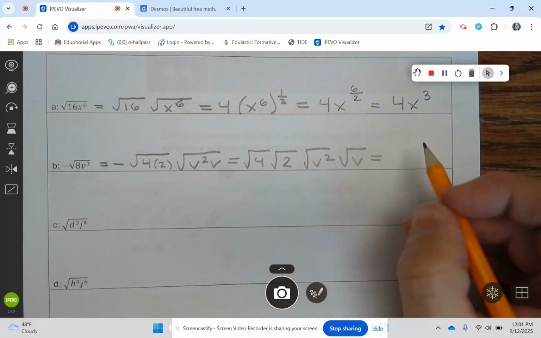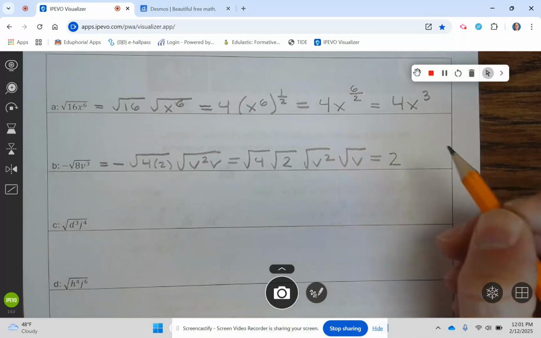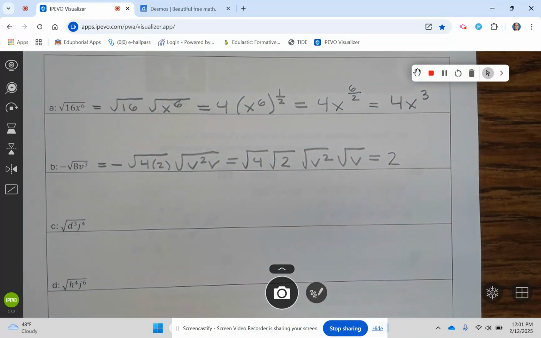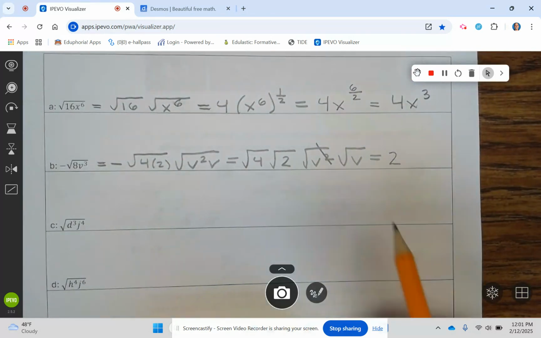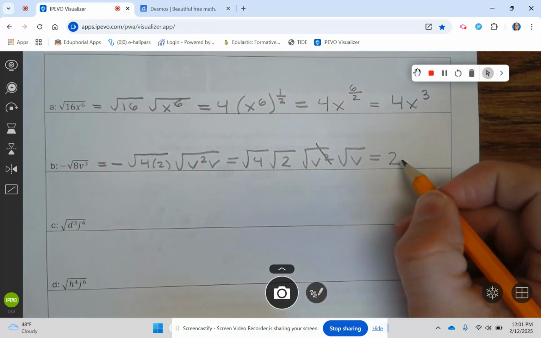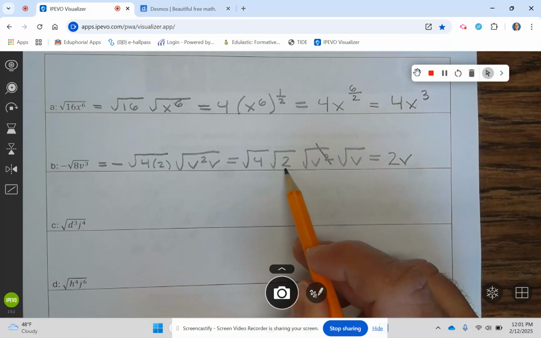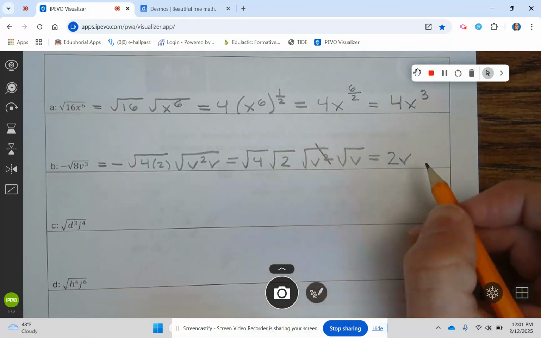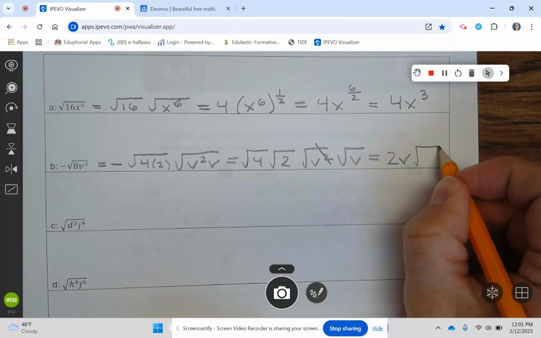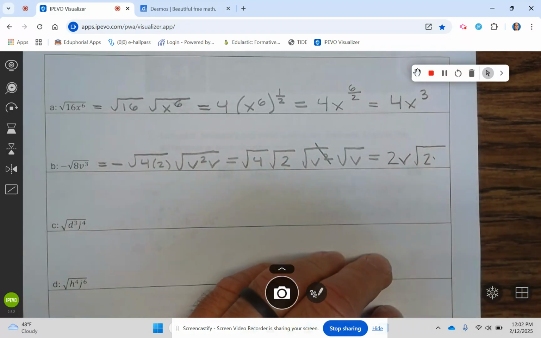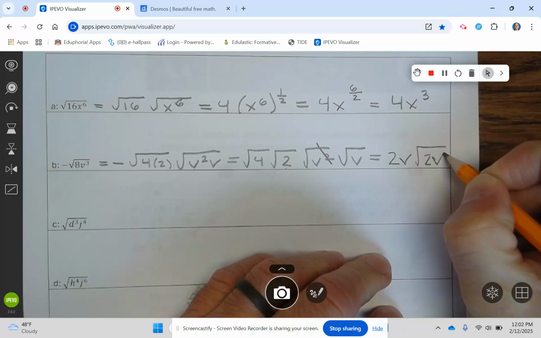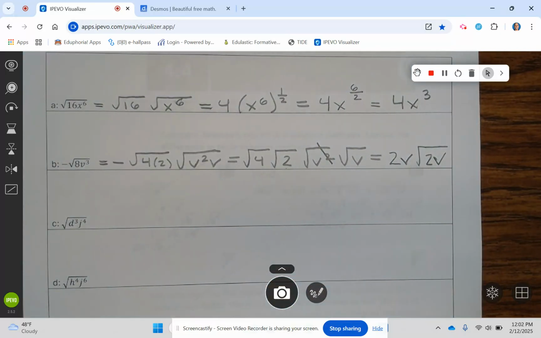Well, the square root of 4 is 2. This cancels, so we can put that with the 2, and since the square root of 2 and v are both square roots, that's the square root of 2v. All right, go ahead and finish up A and B.